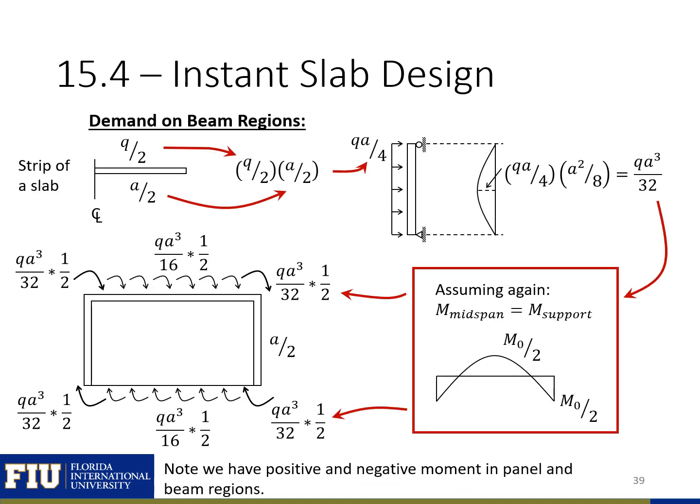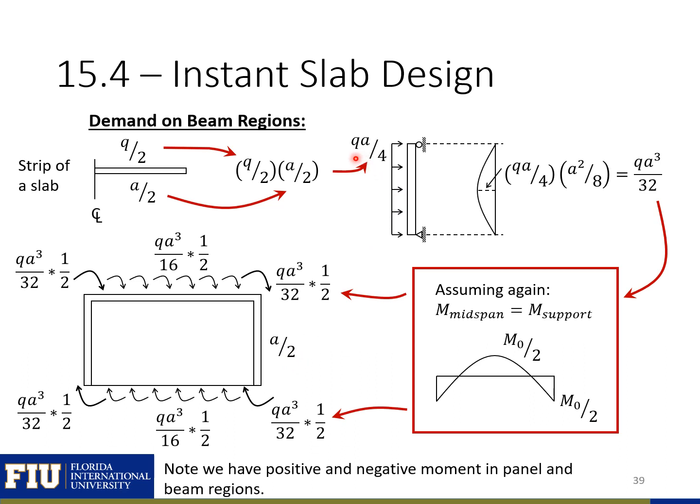Next, we need to calculate the demand on our beam regions. And we can do that using the expressions shown on this slide. So essentially, we'll take the strip of a slab and we'll see what the demand is going to be on our beams. So we'll take a Q over 2 times A over 2 going into our beam region on the right side.